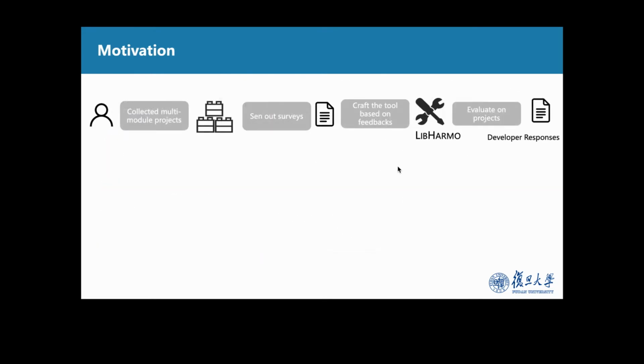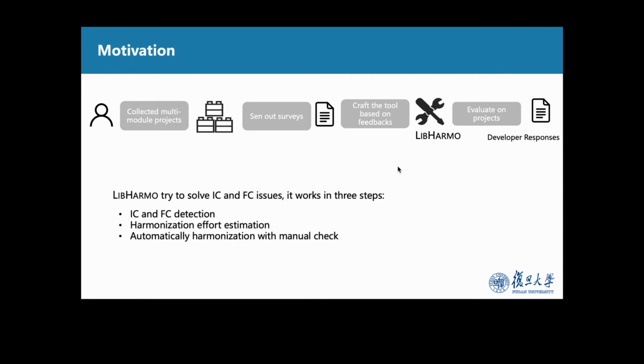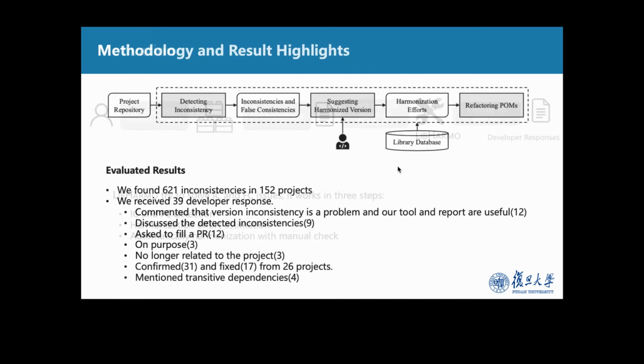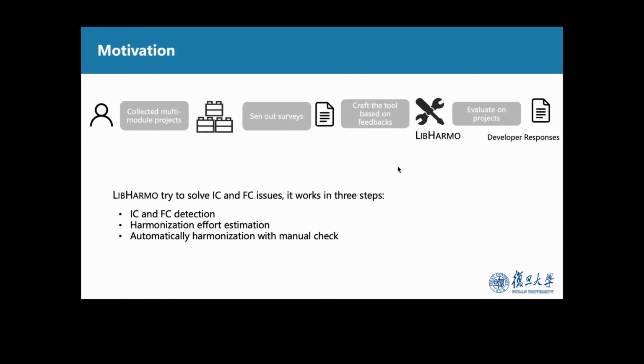To that end, we collected multi-module projects, sent out surveys, and crafted the tool on developer feedbacks, and presented our tool called libharmo. And harmonization reports were automatically generated to send back to developers to receive feedbacks on the tools. libharmo tried to solve ICs and FSE issues.